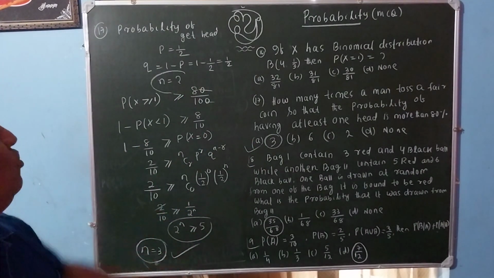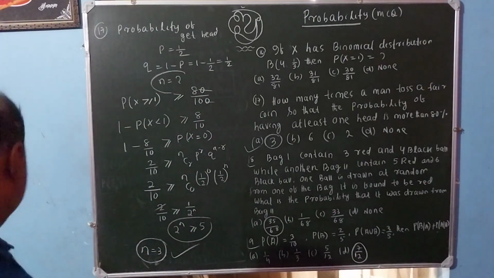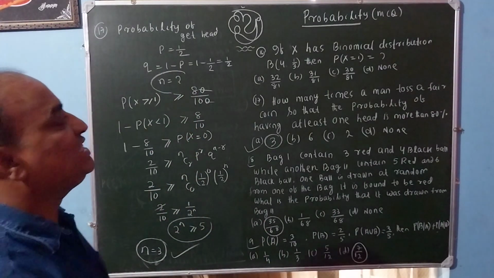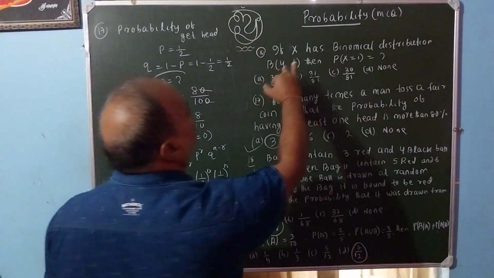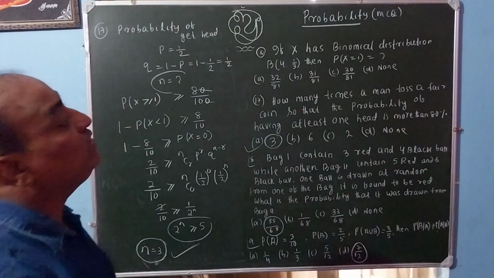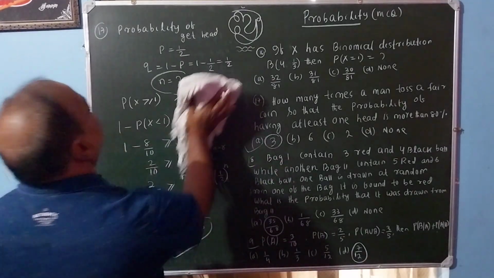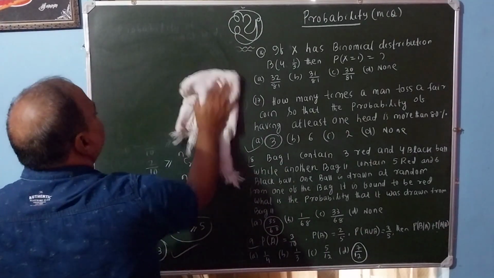Okay. Now we have to discuss question number 16. If x has a binomial distribution B(4, 1 by 3), then what is the value of probability of x is equal to 1? What does it mean?